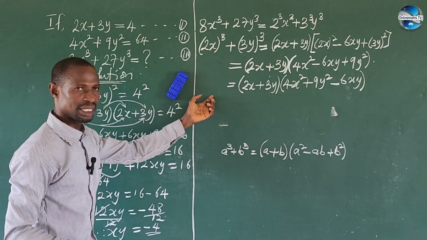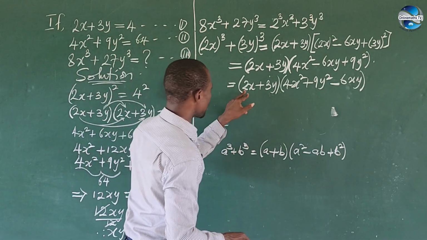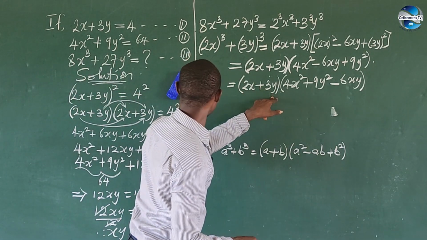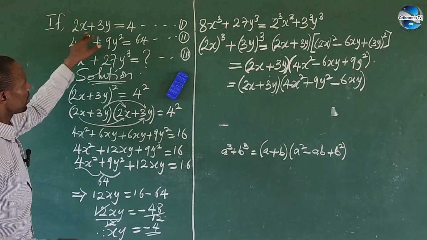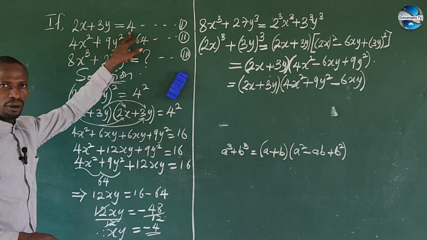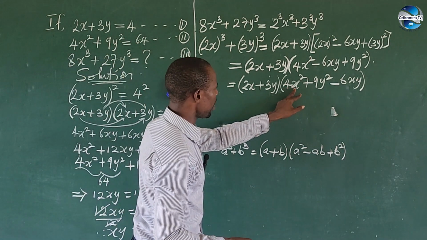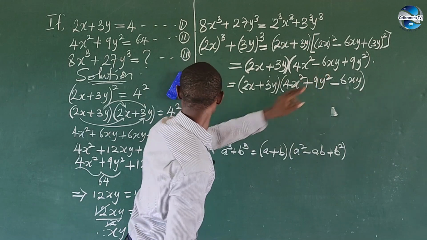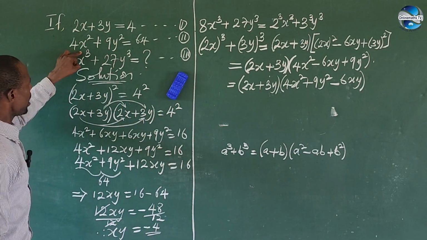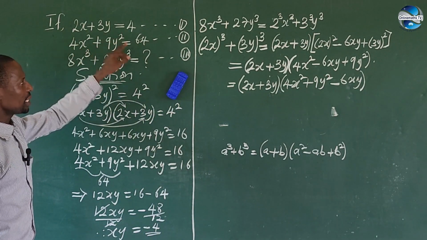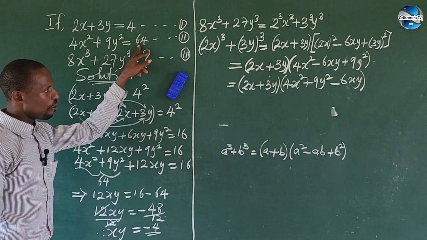Now if you look at 2x plus 3y, it is equivalent to what? 4. Then we also have 4x squared plus 9y squared. Look at equation 2: 4x squared plus 9y squared is equivalent to 64.